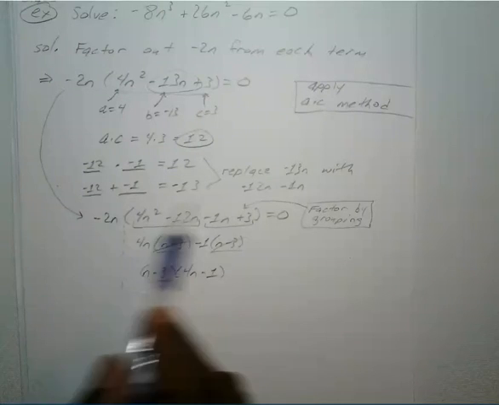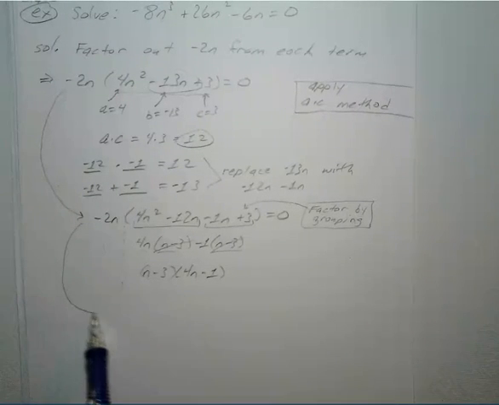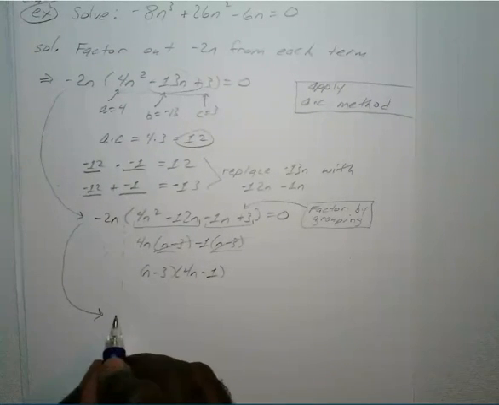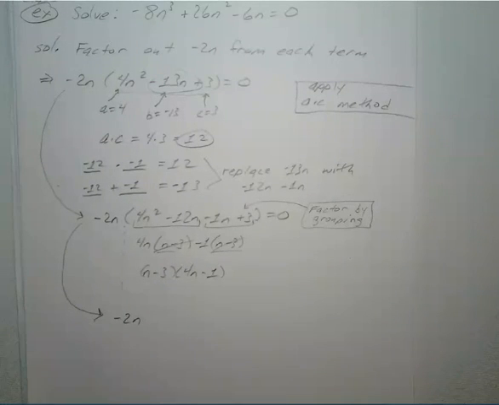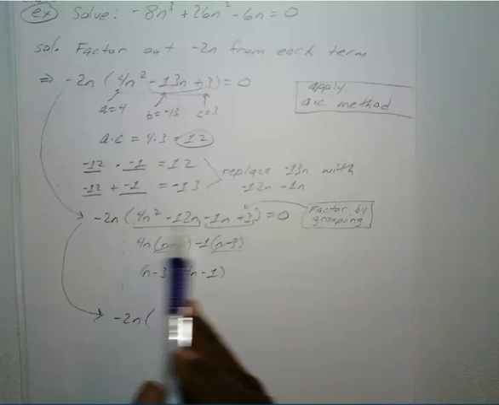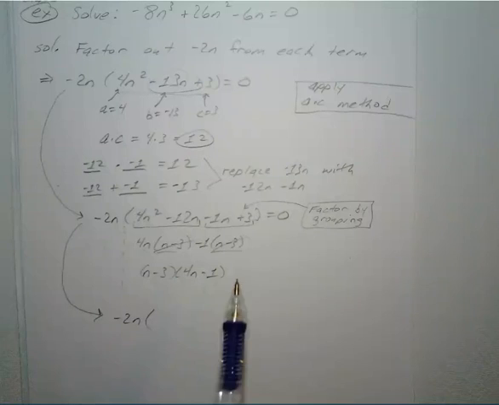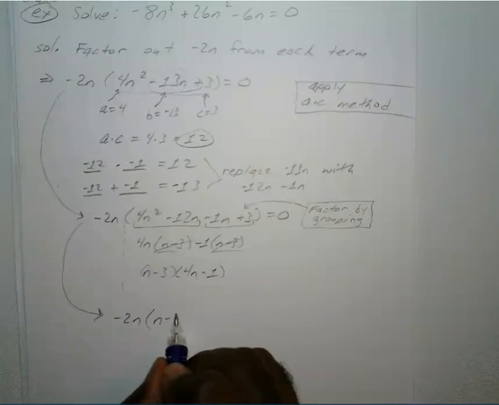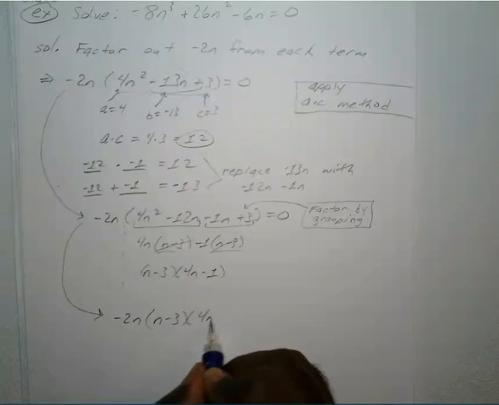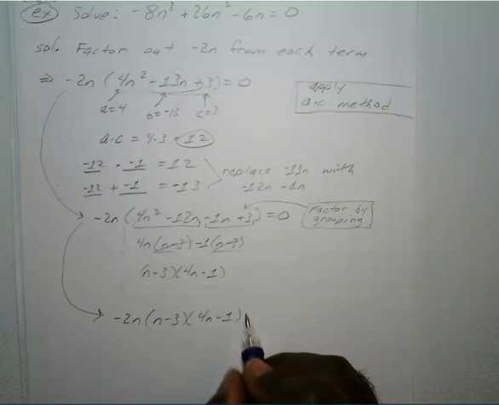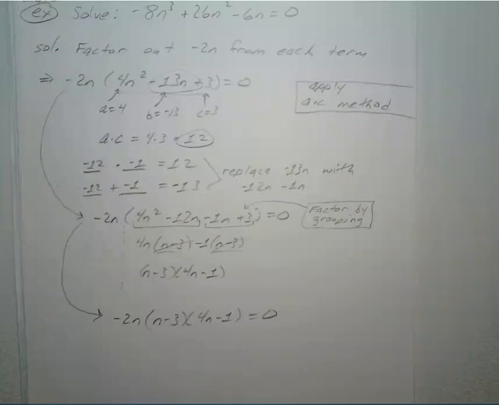Okay, so this all together gives us negative 2n times, and we factored this part already, so that's times n minus 3 times 4n minus 1 equals 0.